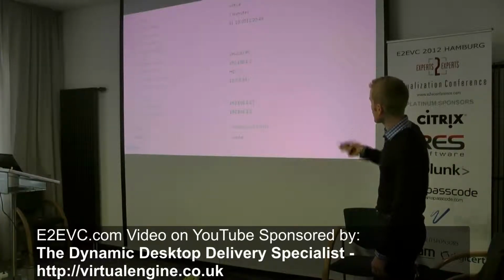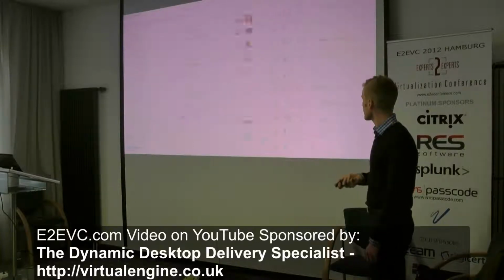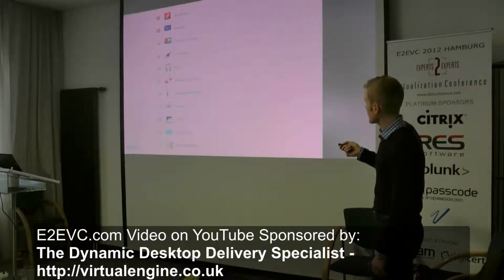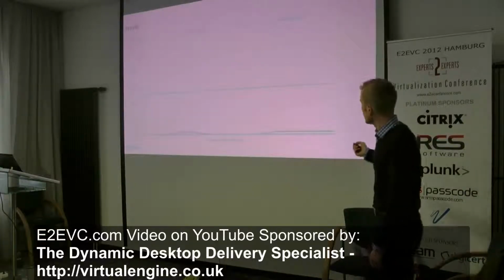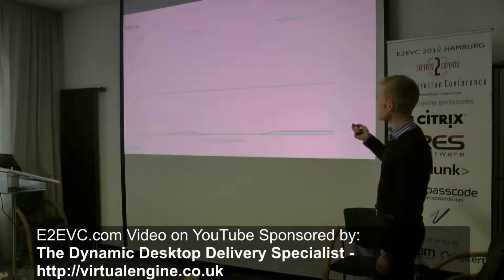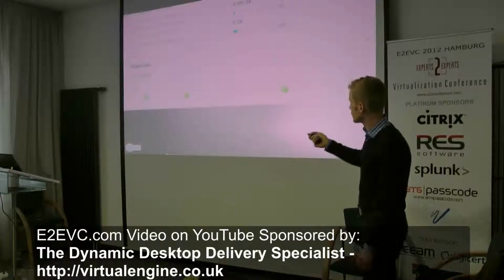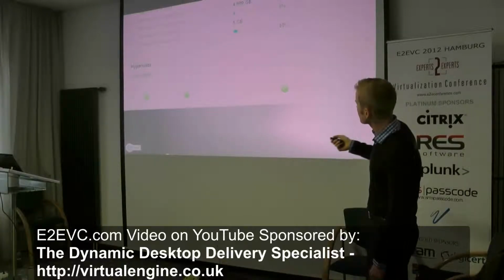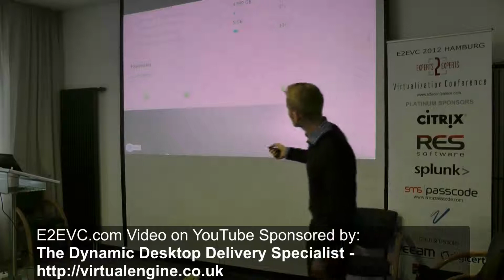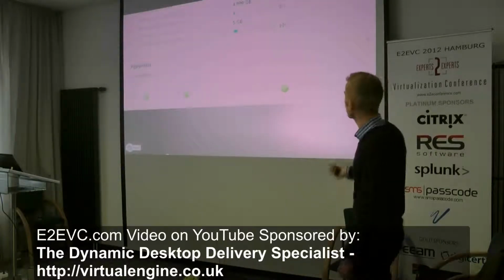This is information about the endpoint that they've connected from, same stuff that you see in XenApp. This is the HDX report. And then you've got the same memory, CPU, network information, and then information about the hypervisor here. There are some column headings that are not showing up here, and I'm not sure why.